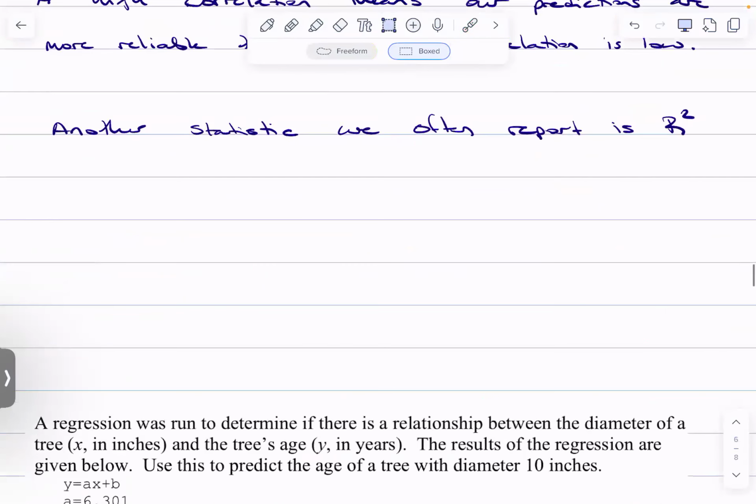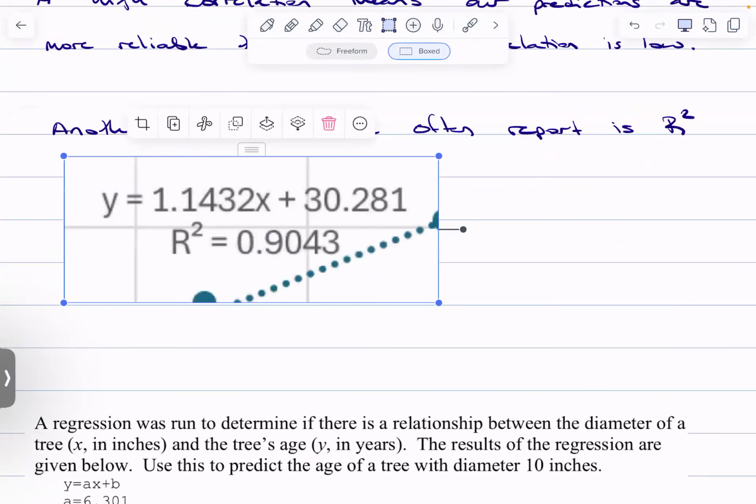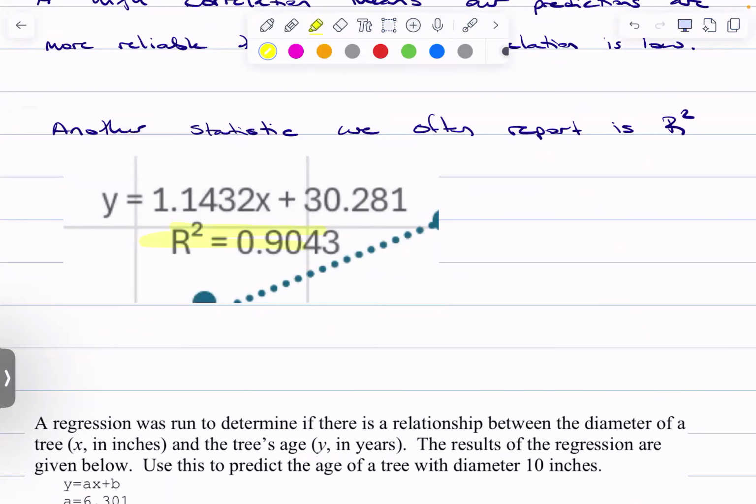Even though it's a capital R, it is just your correlation squared. It just kind of grows up when you square it, which is kind of funny, right? The r squared is the correlation squared.